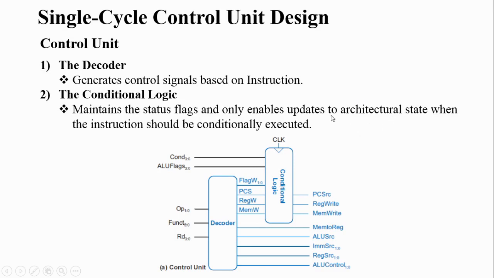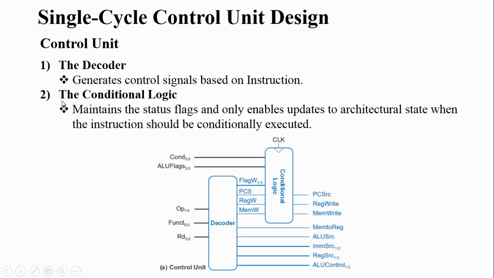Changing the architectural state means it will change the processor from one state to another by using control signals such as PC source, register write, memory write, etc. These signals will be generated based on the condition. As a result, the architectural state of the processor will change.